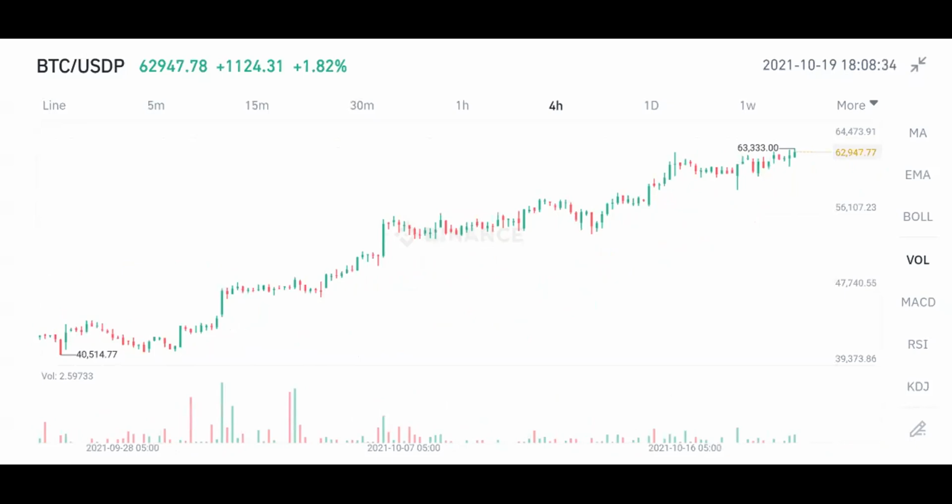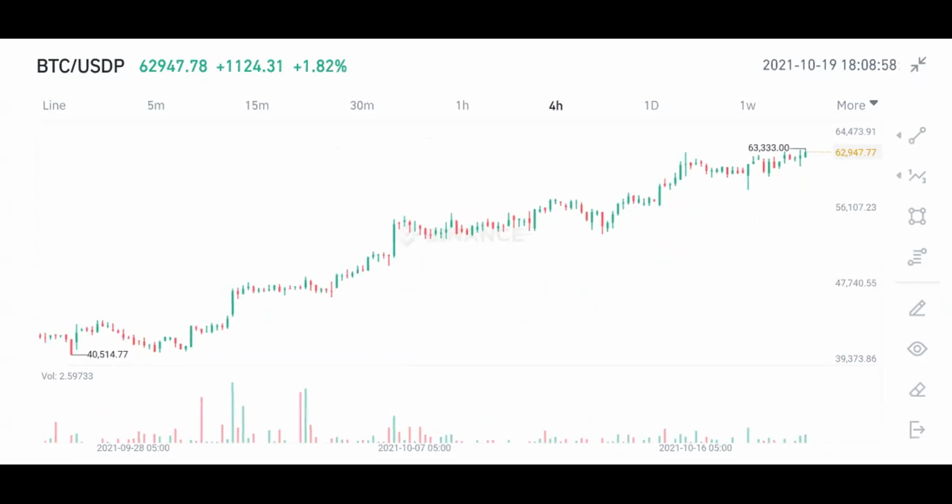Now, there are a lot of things that are here. If you go down here, you will see this mark. Once you see that mark, you click on it, it will bring everything out. I don't know whether you are seeing all I'm seeing now.